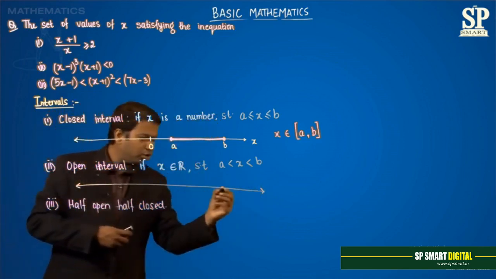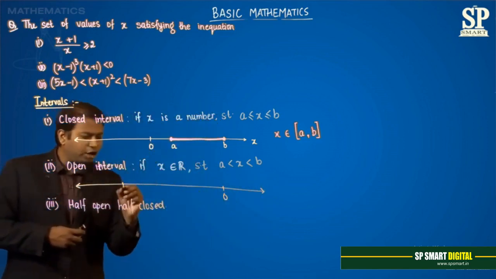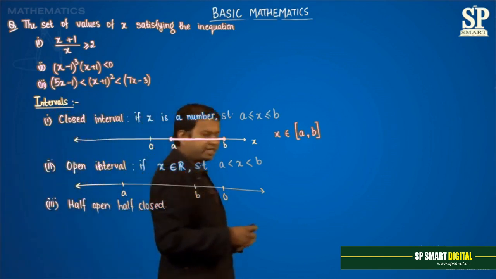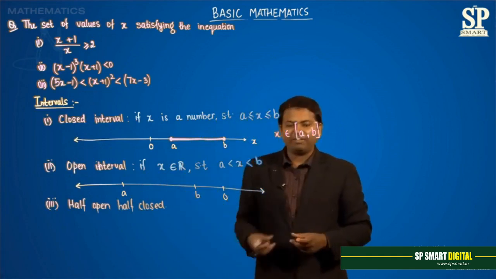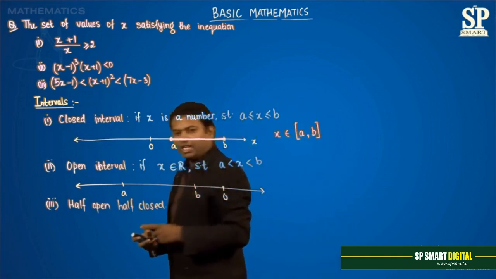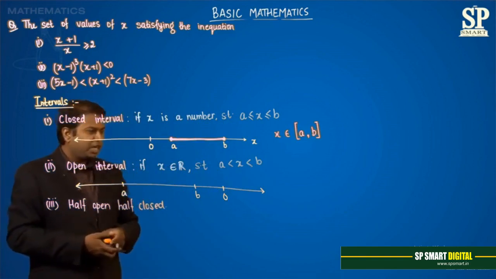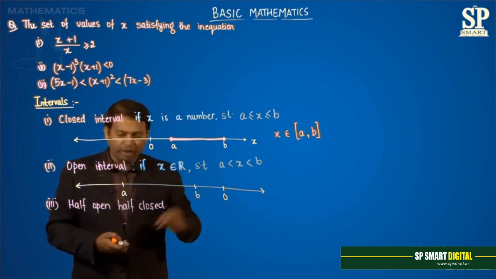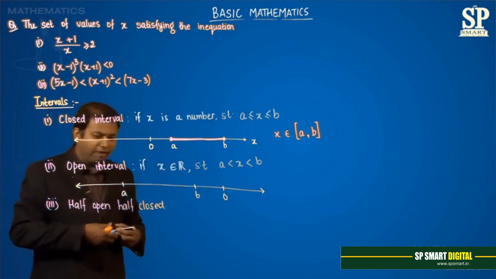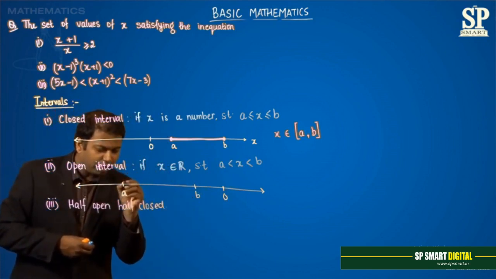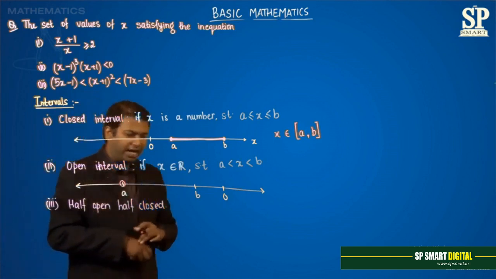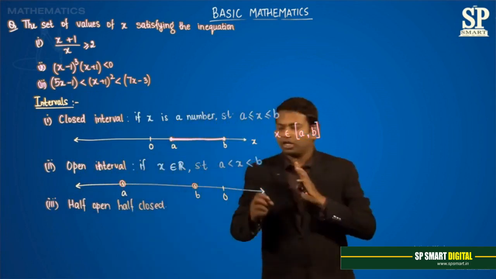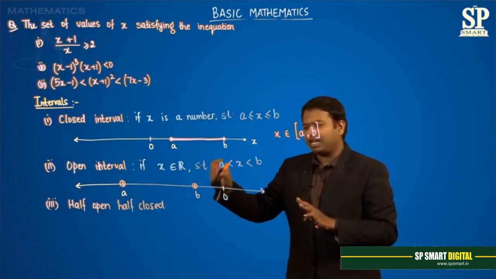Let us take the origin, and it does not matter where we take A and B. So let us take this time A and B on the left side of 0, that is on the negative x-axis. Now in this case, since A and B are not included in the solution set, we have to represent it in the following manner. We make a circle at A, we make a circle at B, which is not colored inside.